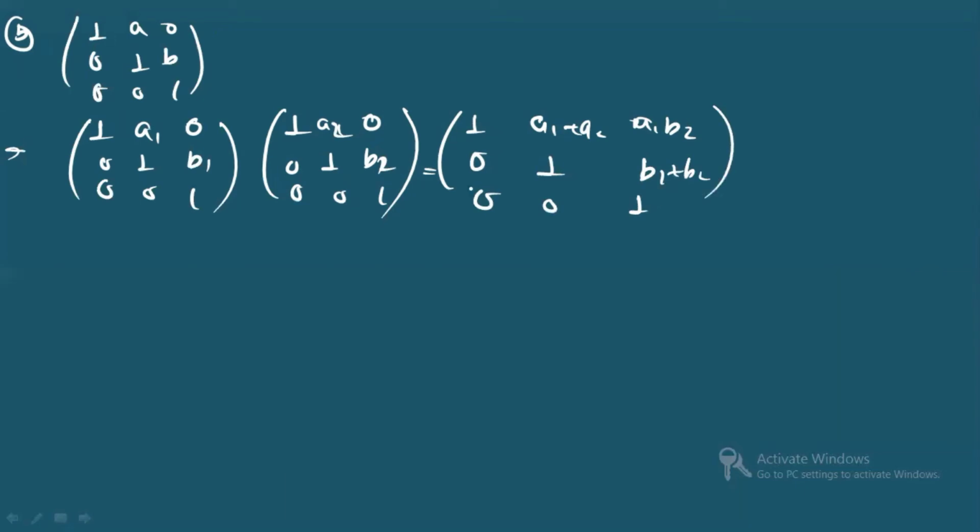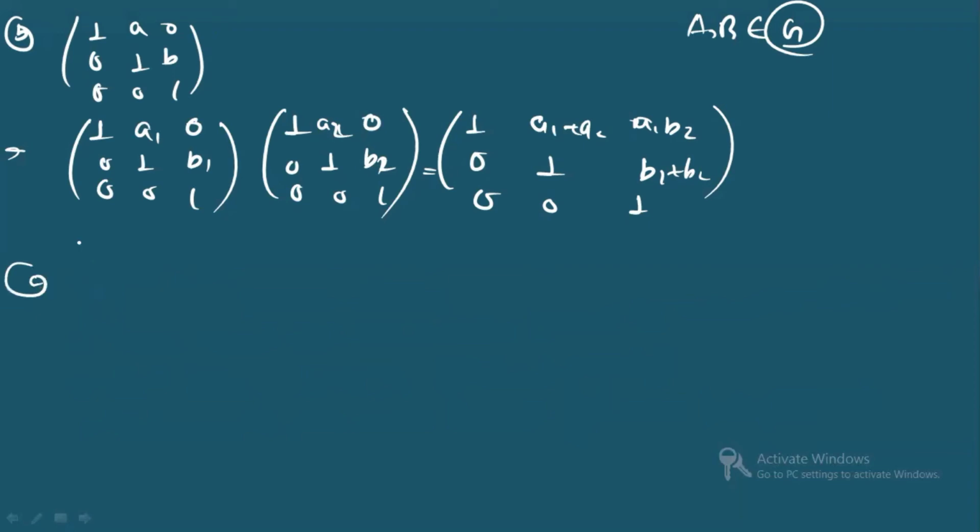So we will see that the resulting matrix is not satisfying the closure property, because we said if 2 matrices A and B belong to a group G, then their product must also belong. Yes or no? So option B is wrong.